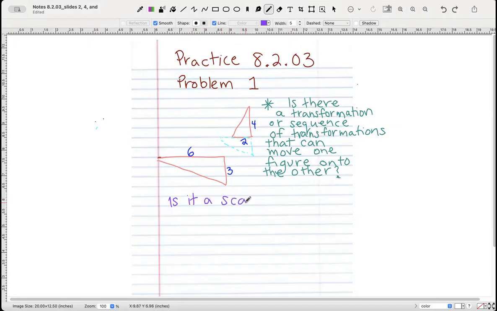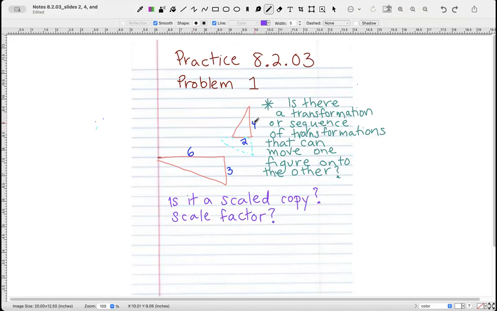And if the answer is yes, then this answer is yes. Are they scaled copies? That probably would be better. Okay, so we need to know, is there a scale factor? If there's a scale factor, then it's a scaled copy.